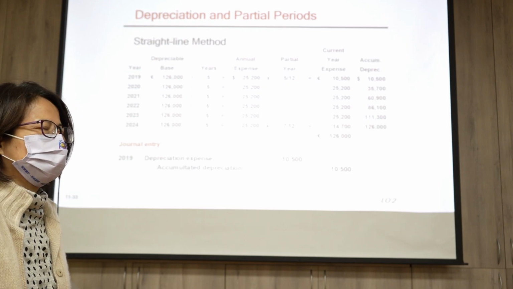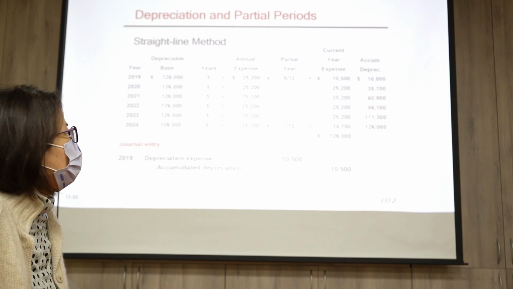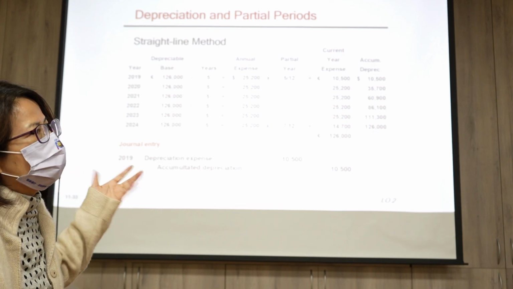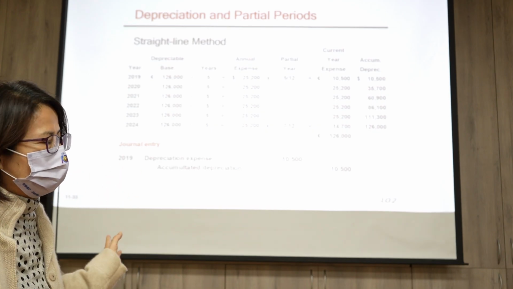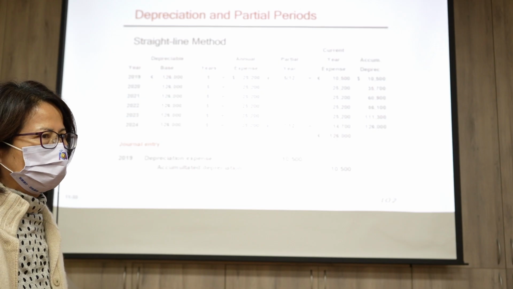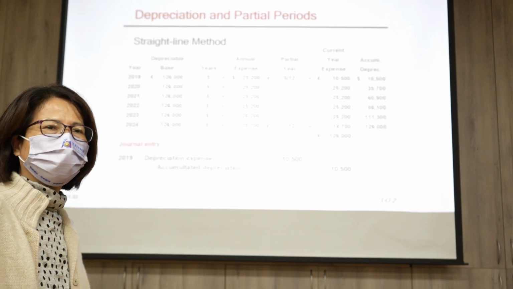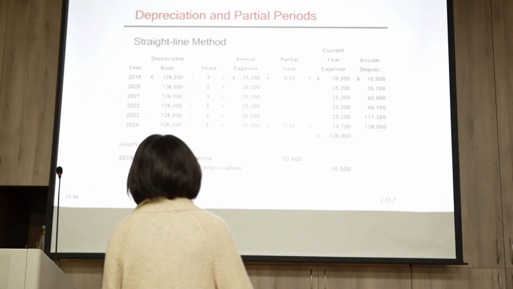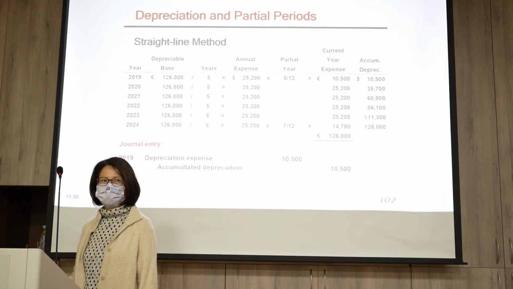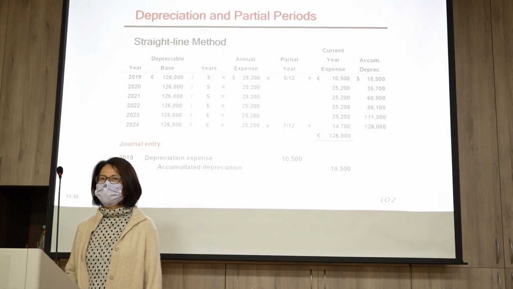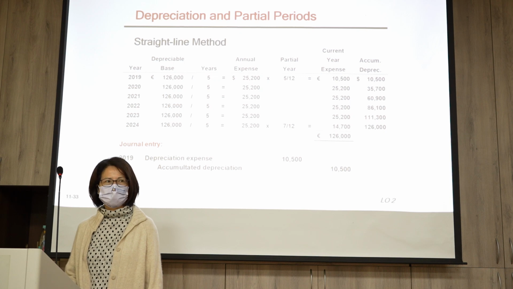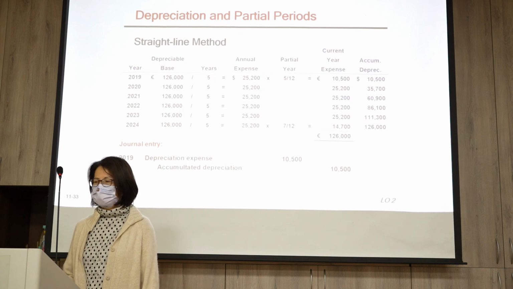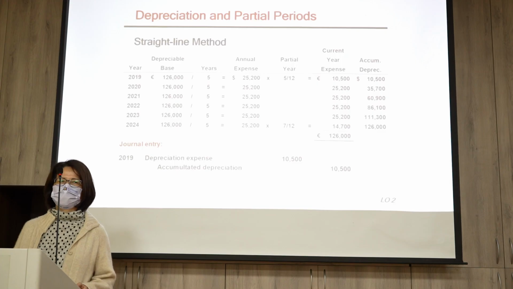Then we will have to take all the balances off the books, and how to do that we will talk about later. Do I make it clear here? All right, and this is straight line.